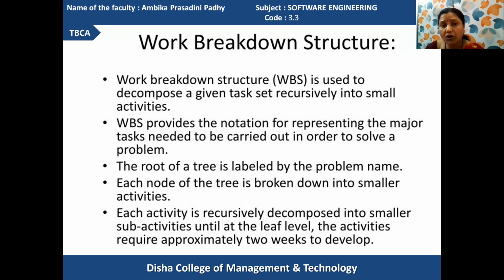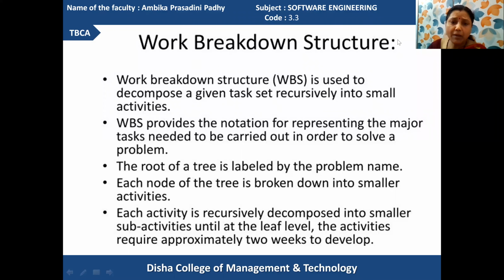The main module is divided into sub-modules. Again, the sub-modules are further divided into sub-modules. In this way, the small activities are identified recursively, and when all the sub-activities have been identified, they can be executed. Got it?